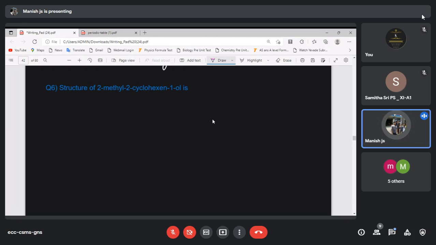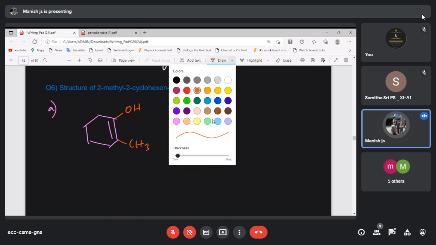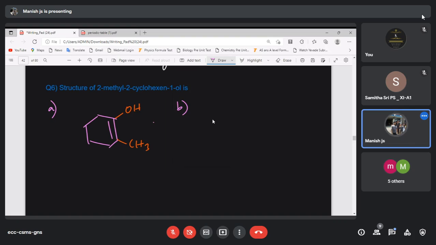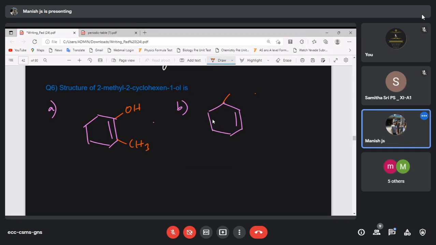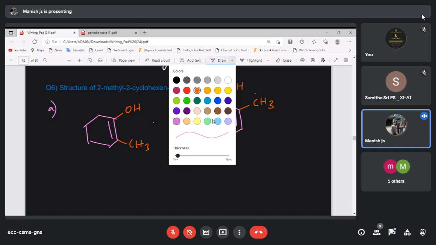The structure of 2-methyl 2-cyclohexen-1-ol is, first option I'll give you. First option is this. Second option. Third option.